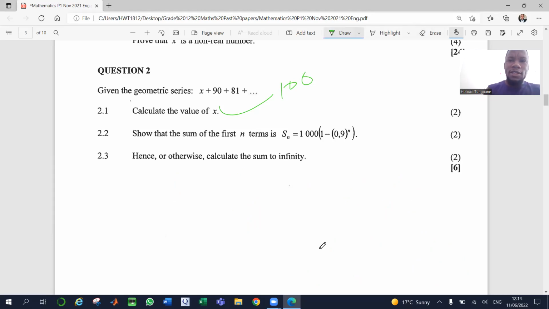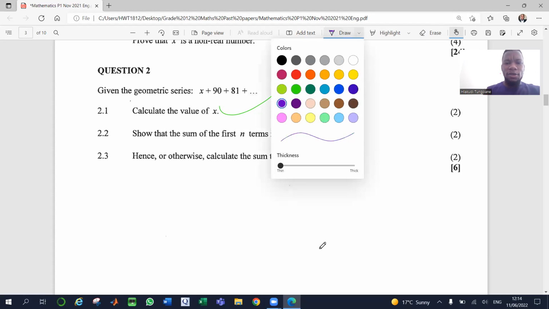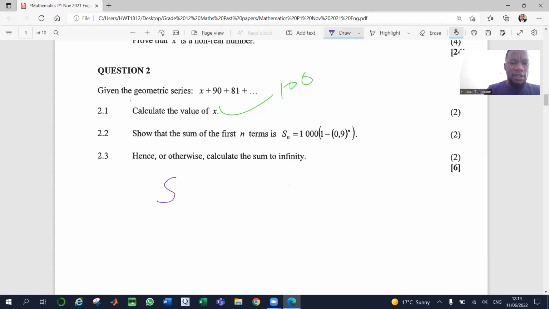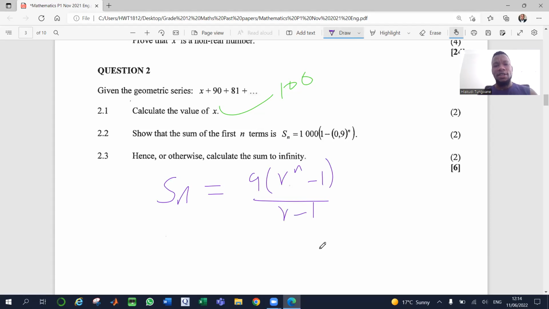We know that the Sn formula for geometric series is Sn equals a, open bracket, r to the power of n minus 1, over r minus 1, right? That's the geometric series formula, or sum of n terms, that we've learned.